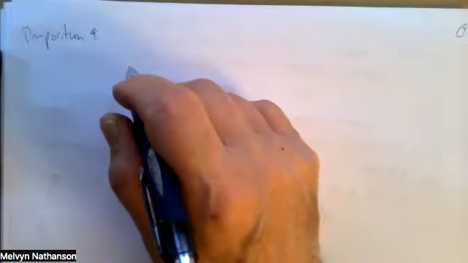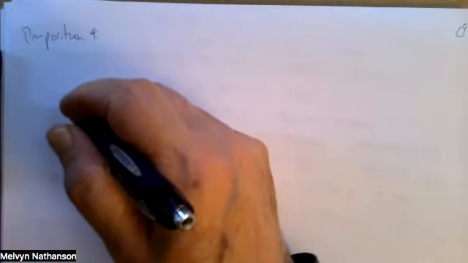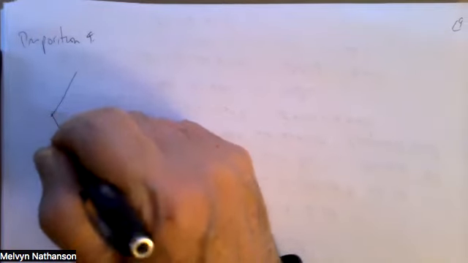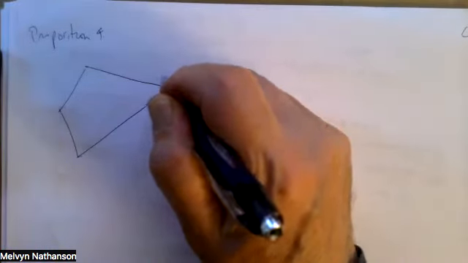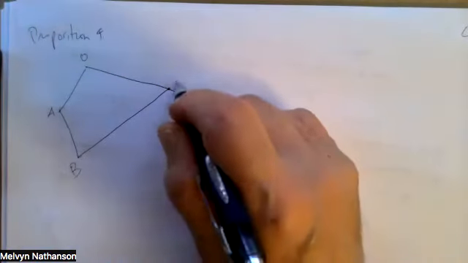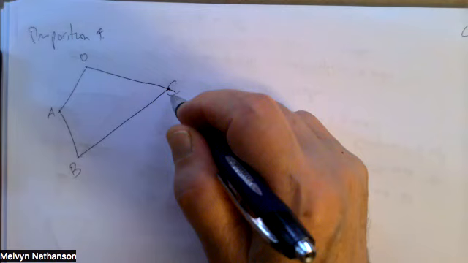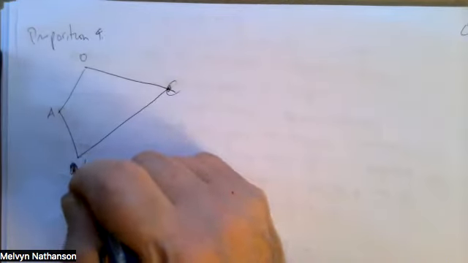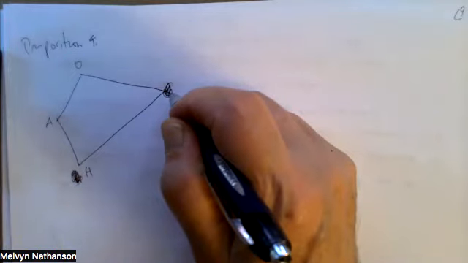So you have a quadrilateral, just any four-sided figure, and the proposition says the following: let me label it the way the text does. So this is labeled H, and this is labeled B.